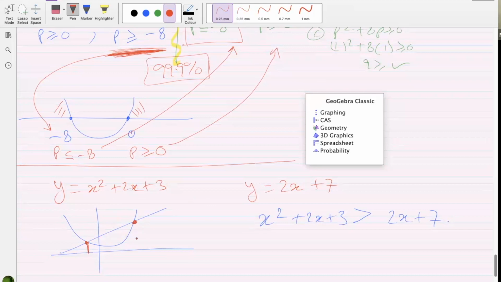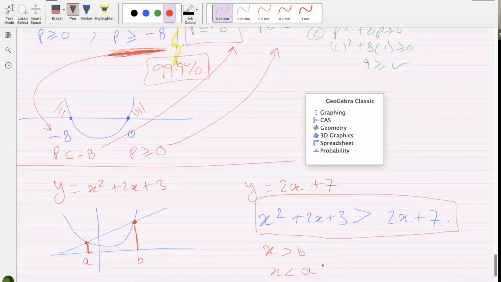So at these two values, let me say this is A and this is B, for this given condition, x is either greater than B or x is less than A.